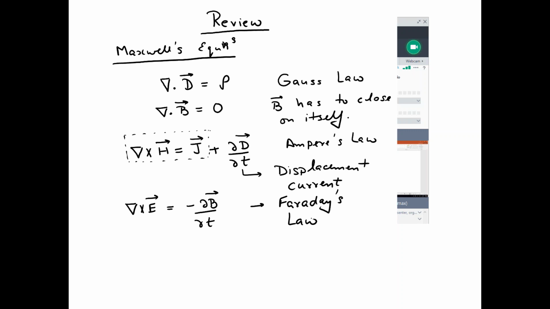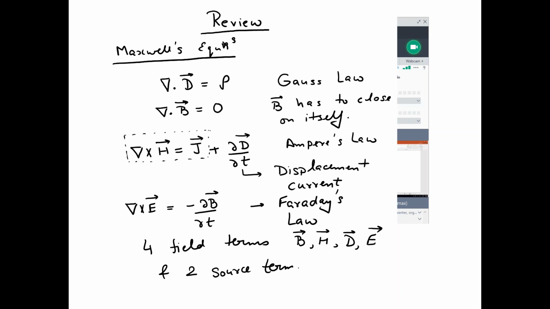If you take a look at these equations, there are four field terms here, which are B, H, D, and E, and two source terms, which are rho and J. But B and H are not independent of each other.